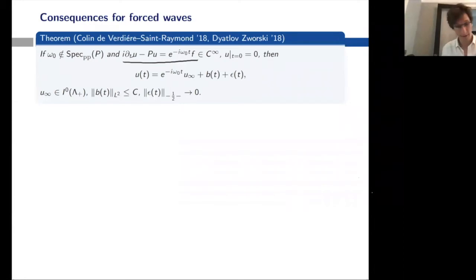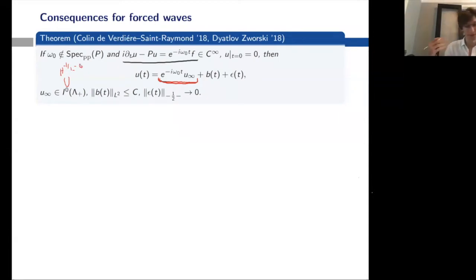Well, what happens is you get a solution that looks as follows. The biggest term in this expansion is this one here, right? It's an oscillating factor, exactly e to the minus i omega 0 t times some u infinity. That u infinity is in this space of Lagrangian distributions. If you want, this is again contained in h minus a half minus.